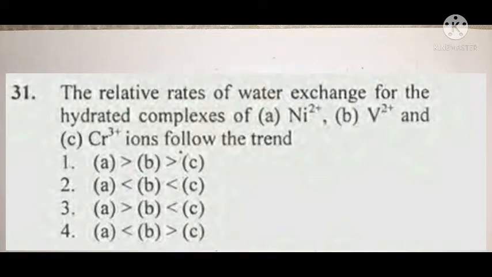Understand? This question is coming for 2 marks, which means it is also related to your part B. So let's do the solution of this question.